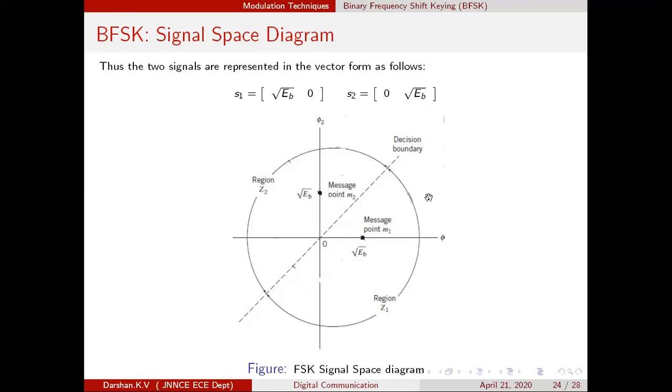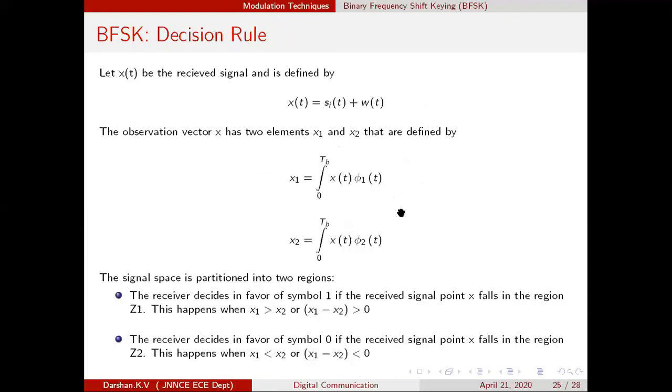Whenever the received signal falls in this region Z1, the first coordinate is greater than the second coordinate. So x1 is greater than x2. What are x1 and x2? This is the first coordinate and the second coordinate. I hope you are understanding that x1 is greater than x2.